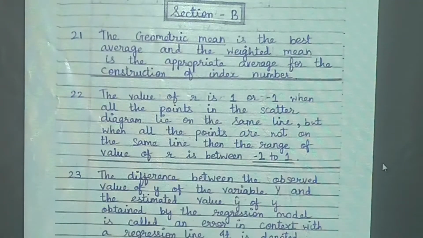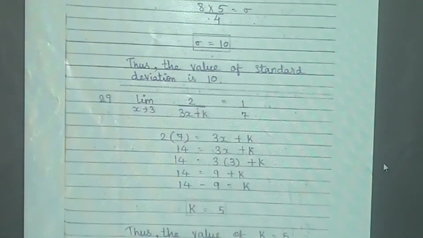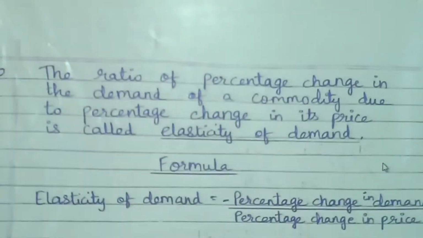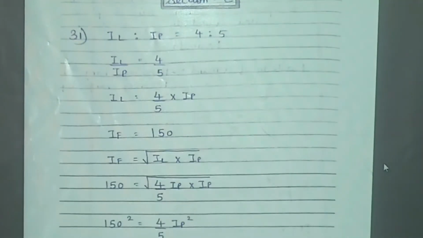Section C carries 2 marks each, and maximum 22 to 25 minutes.